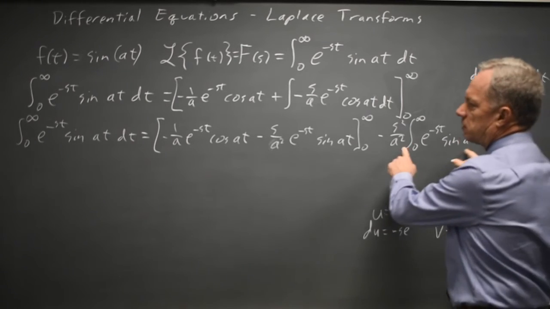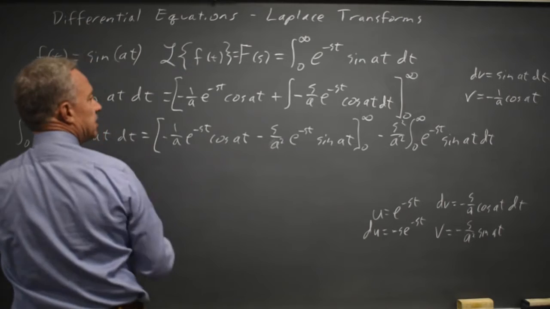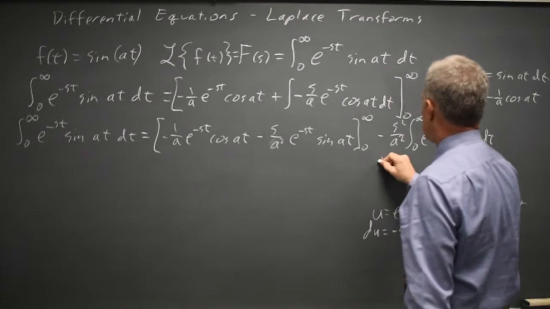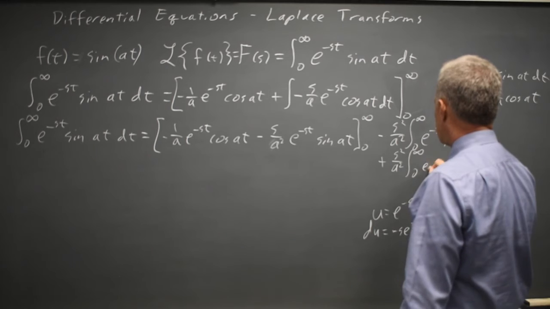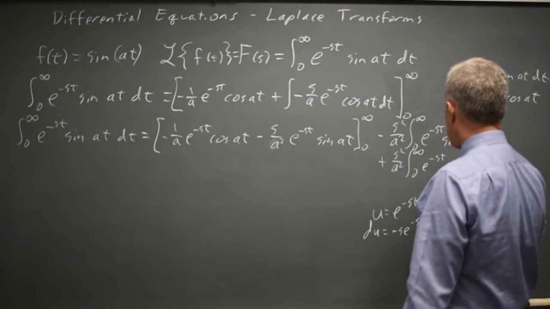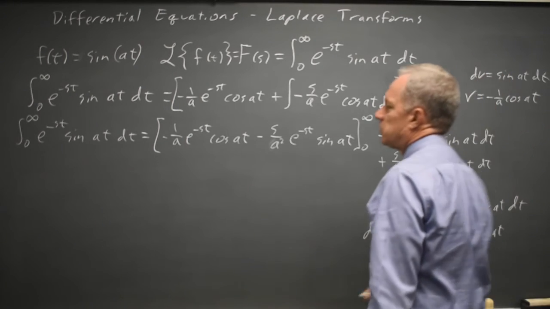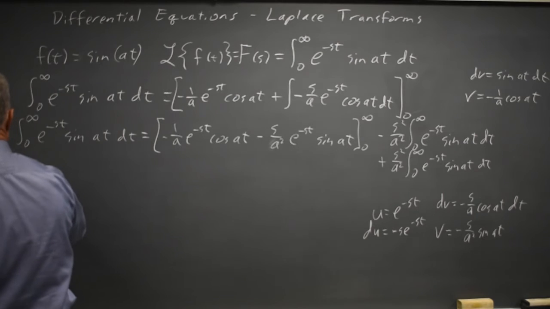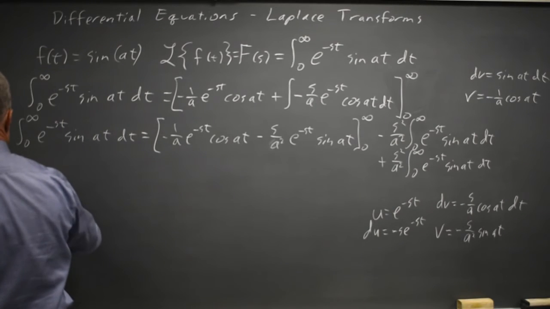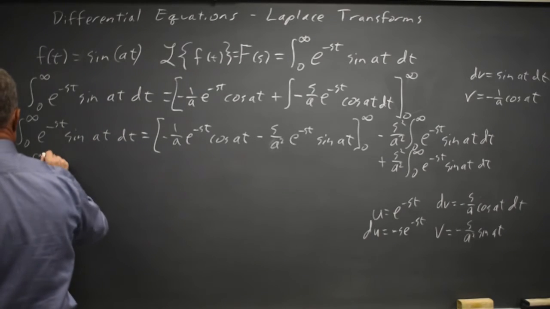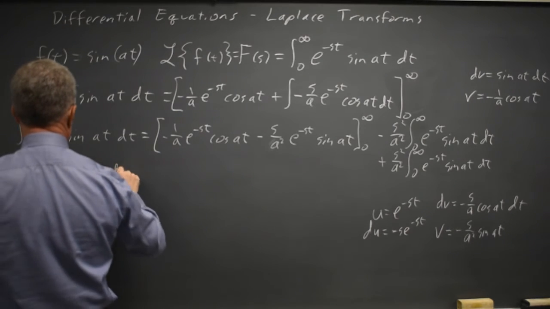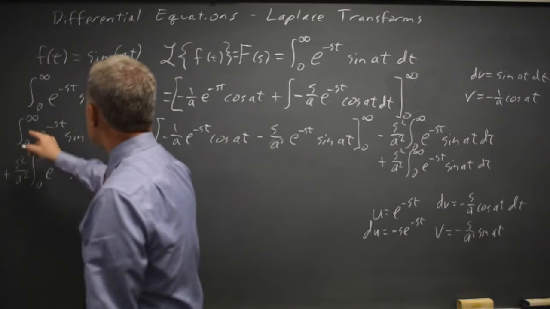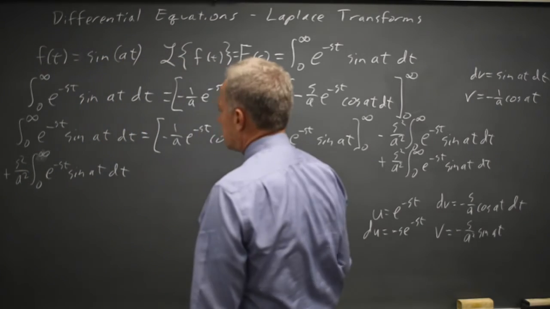But this integral here is my original integral, so if I add s squared over a squared times this integral to both sides, I have 1 times that integral plus s squared over a squared times that integral.